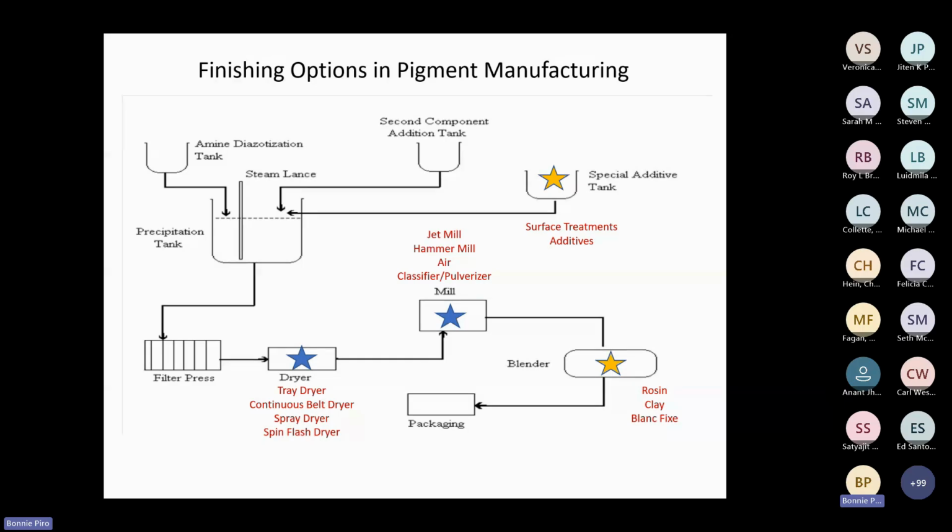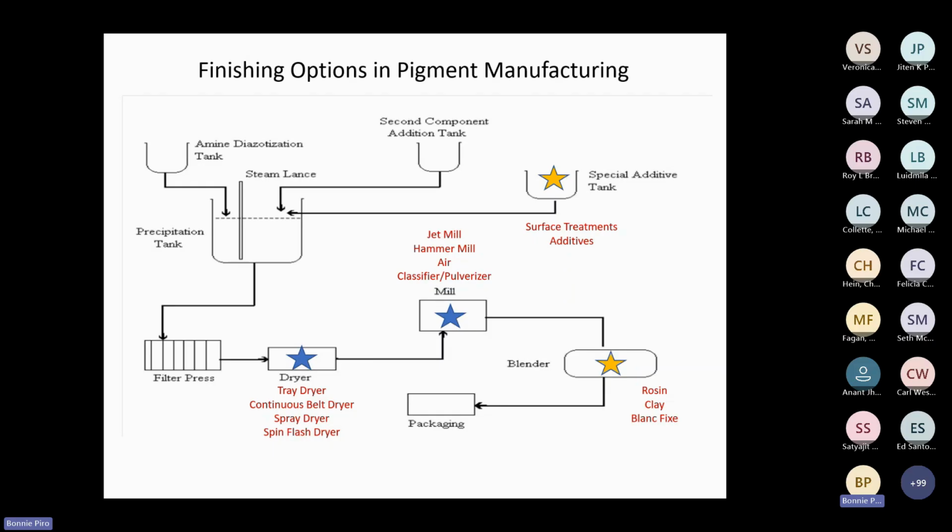The other area from a chemical perspective is at the very end of the process where the individual batches are blended into the final lot. There's always other options that are available to the chemist designing the product to add additional items to that particular product to be able to get their desired properties.